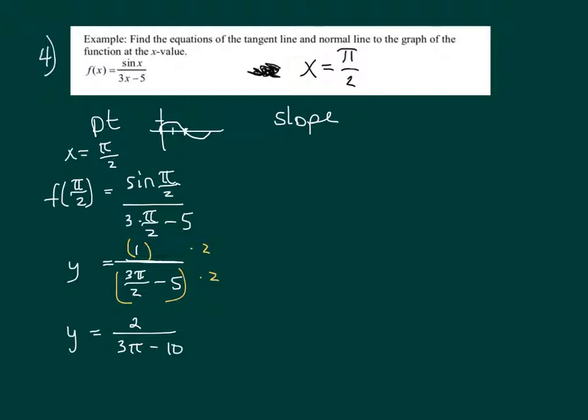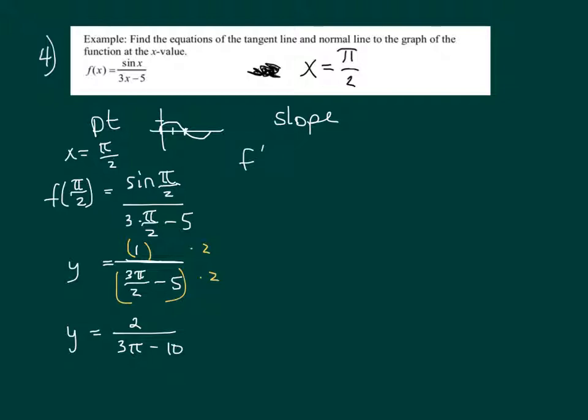Now we need to worry about our slope. Remember, our slope is synonymous with the derivative. So we're going to do the derivative of f of x. If we look at that function, it is in fact a quotient, where the numerator and the denominator are both in terms of x.